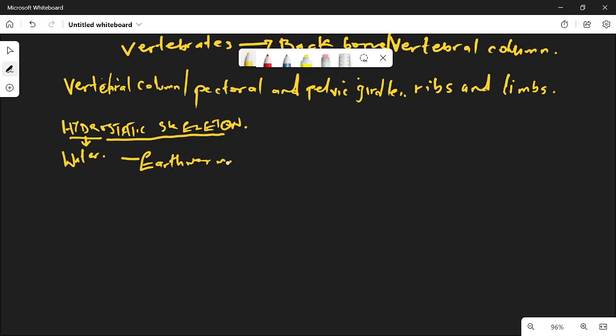Similar is what we have in the earthworm. The earthworm has water or a fluid medium, and the fluid medium is being pressurized by the coating of the skin of the earthworm.